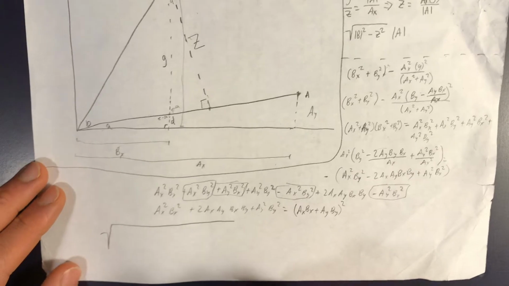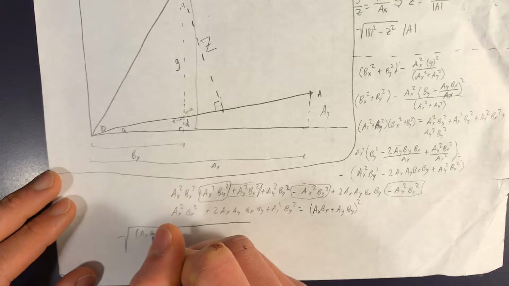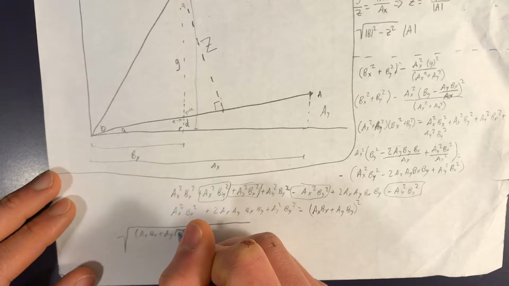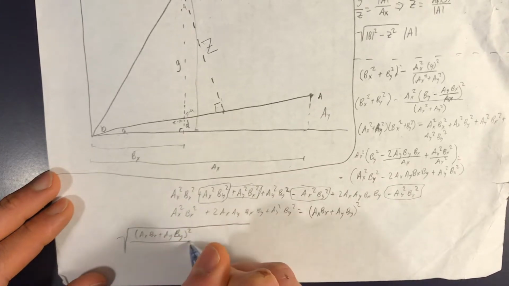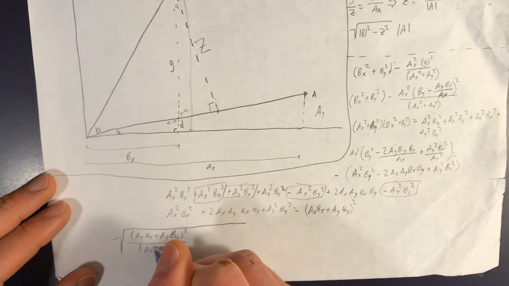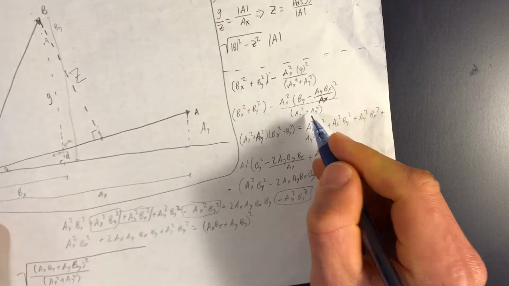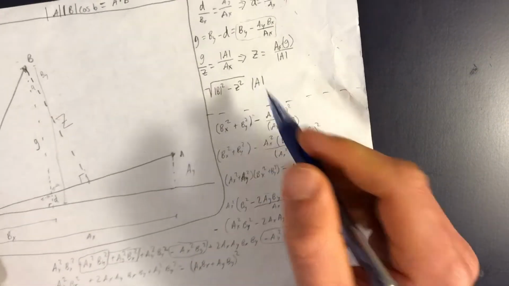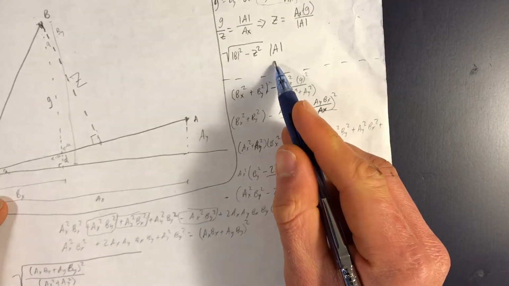It's going to be the square root of ax bx plus ay by, squared, over x squared plus ay squared, because we don't want to forget that, which we took out, now to put in.